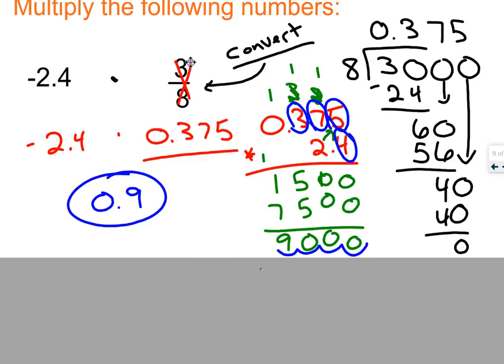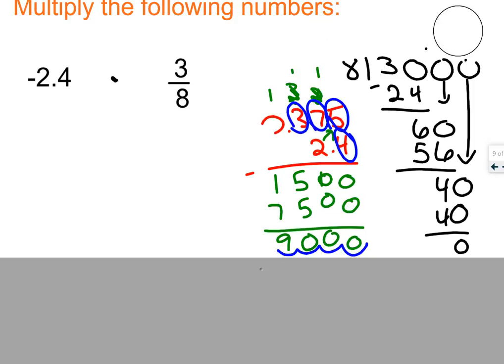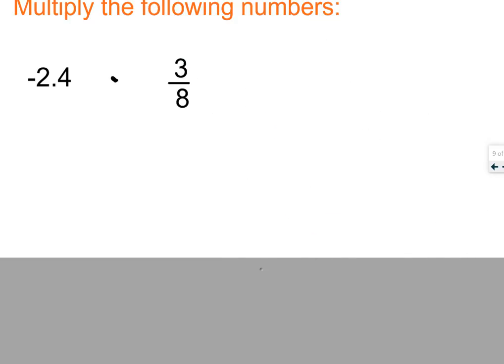Now let me show you the other way of doing this by converting the 2.4 into a fraction. What you really need to do is read the number how it really should be read. 2.4 is really 2 4/10.